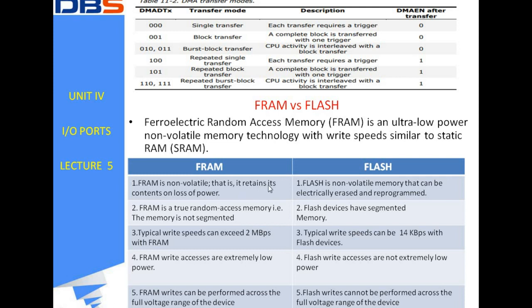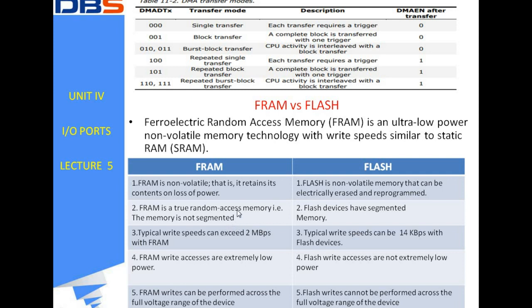It retains its content, that means the data will be stored even though the power is lost. And flash is also a non-volatile memory that can be electrically erased and programmed. So whenever we need to change or erase the program, it can be erased electrically and we can reprogram it. FRAM is a true random access memory, that is, the memory is not segmented.